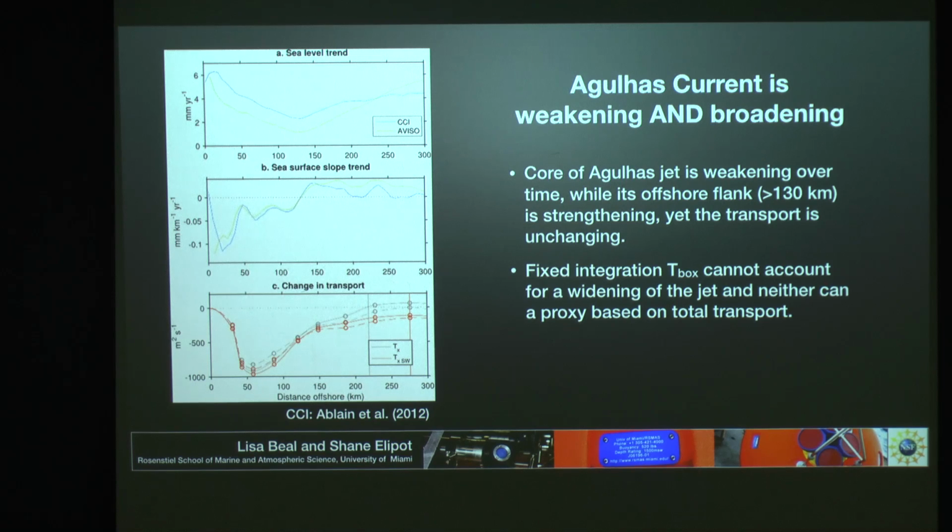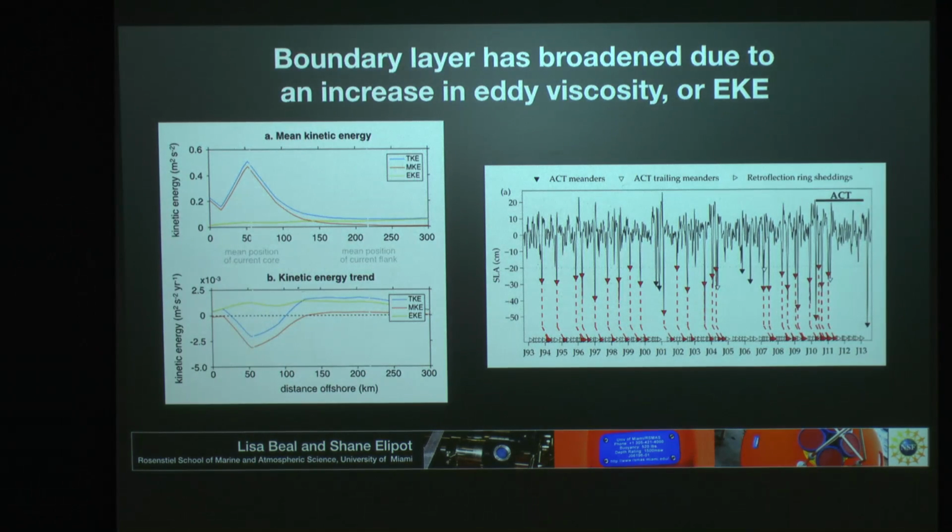In our case, we can allow this broadening and narrowing over time because we have 9 points where the sea surface slope can vary differently. So I guess the take-home message here is that the slope of the sea surface across a western boundary current is not the same everywhere. And that difference can be important in terms of how it's changing over time.